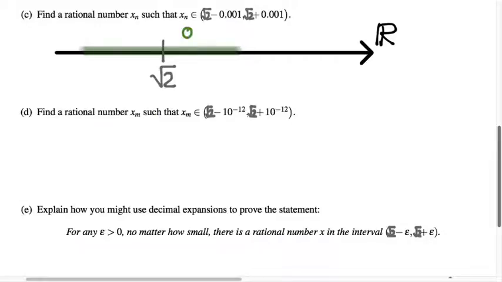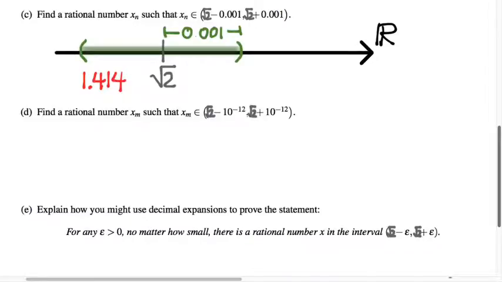So I'm going to just sketch a picture on here. So 0.001 is the radius of this little interval that we've constructed on the real line around the square root of 2. And you're saying that the rational number, 1.414, is actually in this interval.